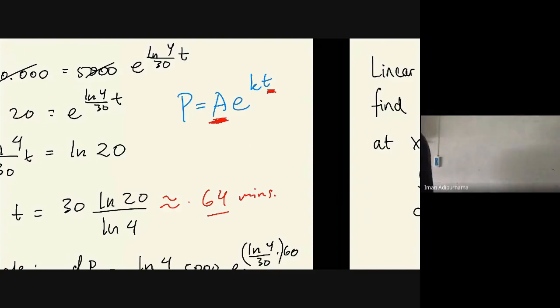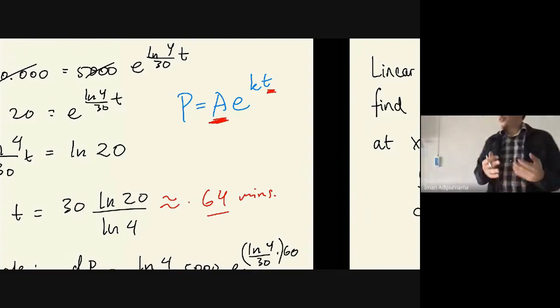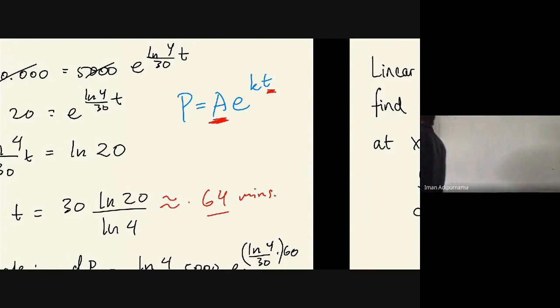Is it 30 minutes, 60 minutes, etc. So usually it has some information, and you plug in the information, you get the original function, and from that original function, you can input the other questions. For example, they were asking when the cells or bacteria is at some number. You just plug in the number and get another number out there.